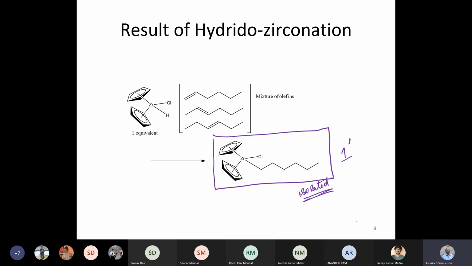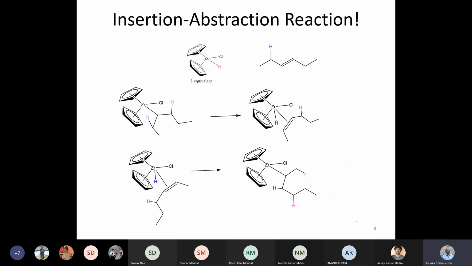So it's very clear that some rapid isomerization has taken place. One way in which we can think of this isomerization taking place is an insertion and an abstraction reaction. I am calling it abstraction, but you can also call it beta hydride elimination. What you now understand is that beta hydride elimination is exactly the reverse reaction of the insertion reaction.